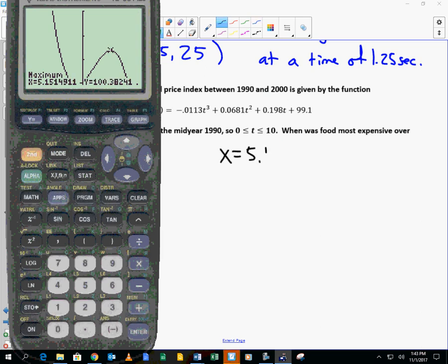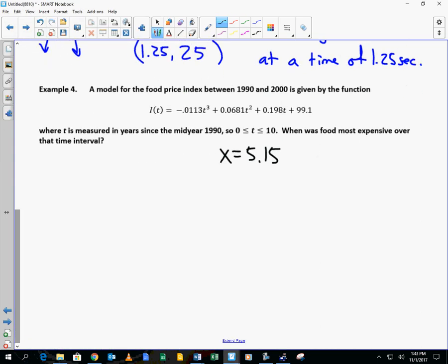So look at the question, though. It says, when was the food most expensive? 5.15? That doesn't make any sense. So we got t is equal to 5.15.